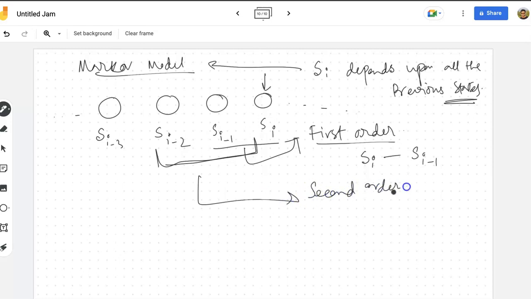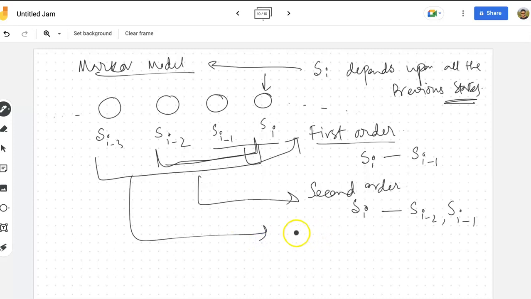If it depends upon the last three states, it will be the third order Markov model. And so you can go on, increasing the order, so it depends upon more and more previous states.